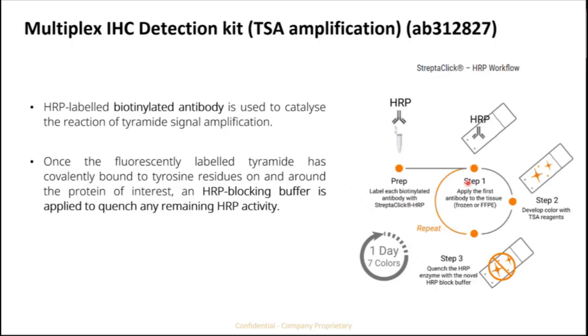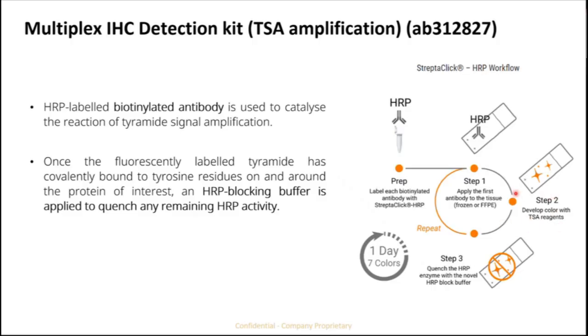After that, you can use this antibody to stain your tissue samples and add on the TSA reagent so that the fluorescently labeled tyramide can be covalently bound to the tyrosine residues on or around the protein of interest. The TSA reagent is not provided in this kit. You will need to get it separately.